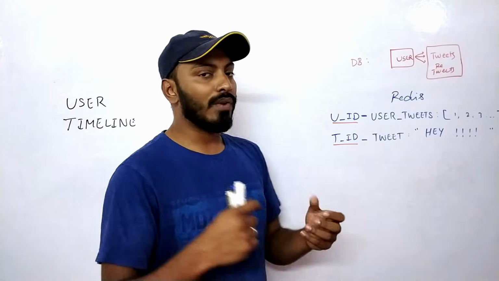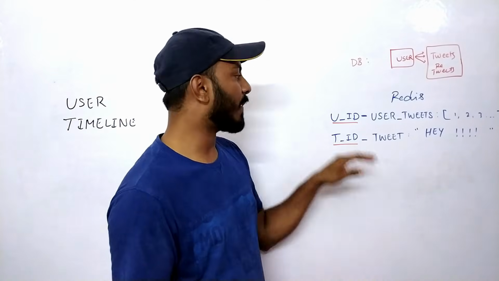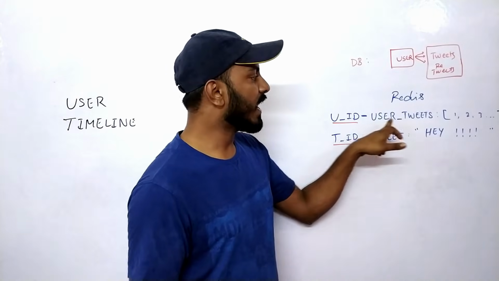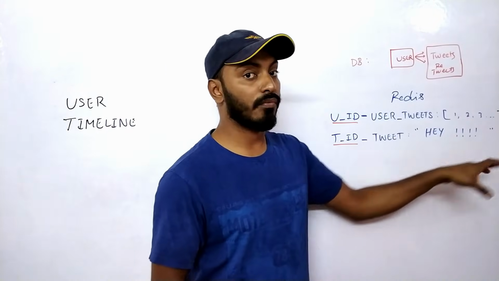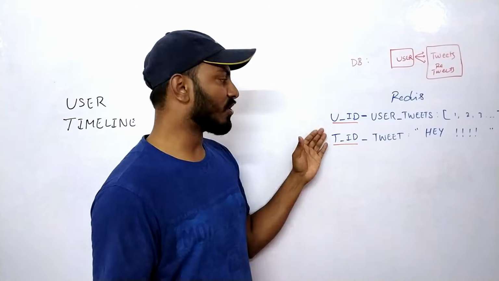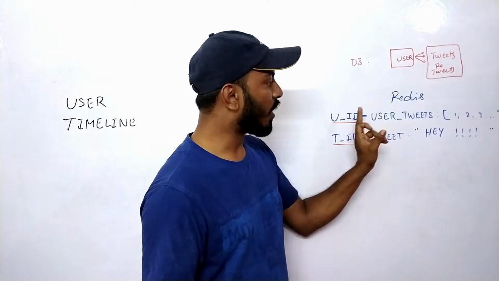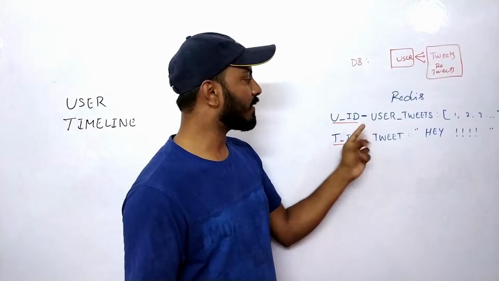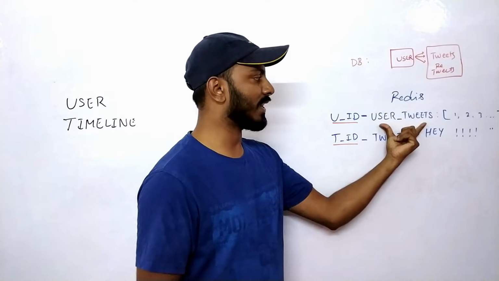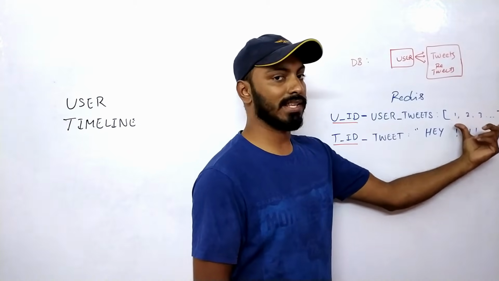That way, when someone visits a user's timeline, by user ID, we can just get all the tweets which the user has made so far. And this data is present in Redis, so the read is much faster because all this data is in memory. Once we get this by user ID and this key, we get all the IDs of the tweets which that user has made.